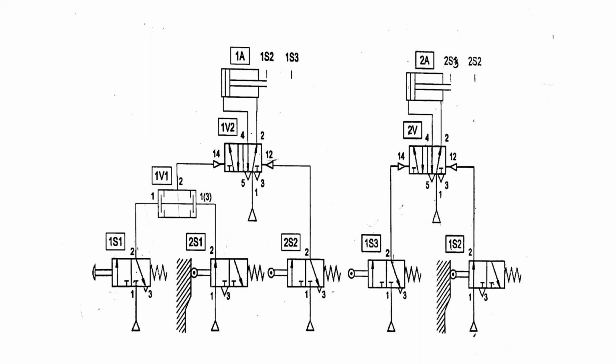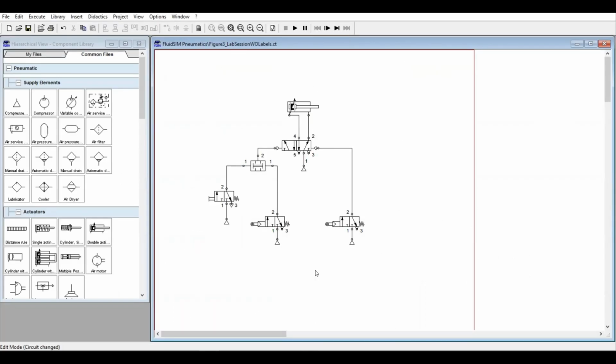Let's move to the software tool and simulate the system. We can use components given in the library to try out any kind of pneumatic circuit. Just like you can see on the screen, you can complete the pneumatic circuit according to this schematic.